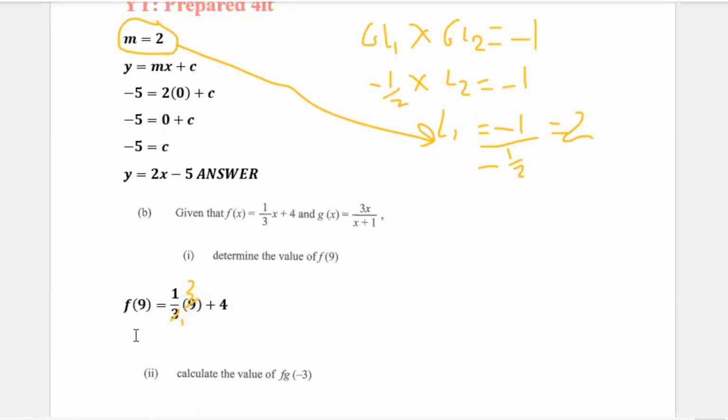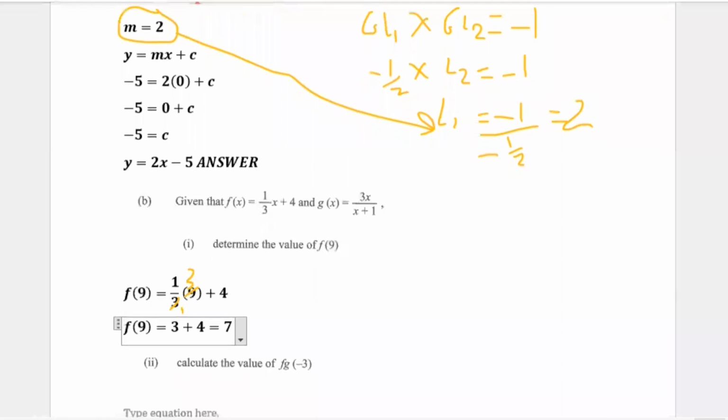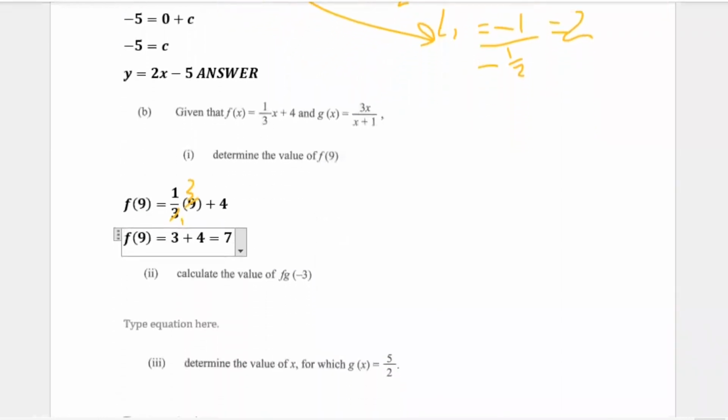So what we have here is f of 9 is equal to 3 ones, 3 plus 4, which would give us 7. So f of 9 is equal to 7. Any question before we move on?